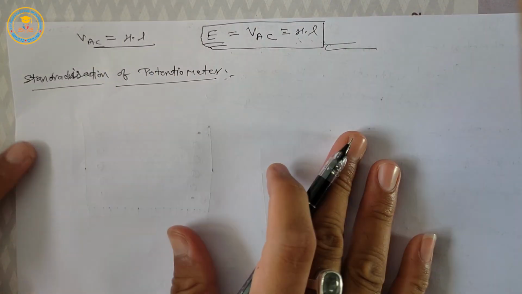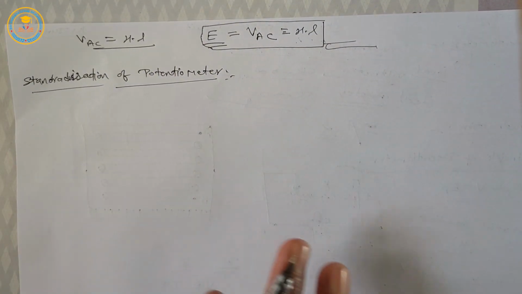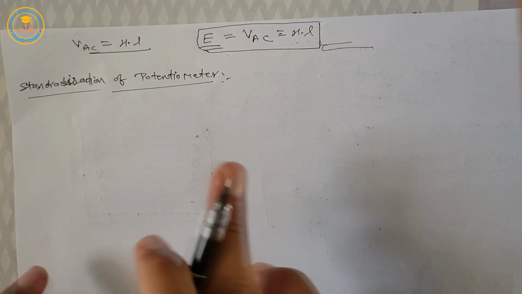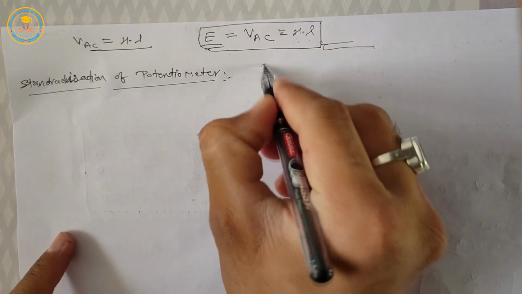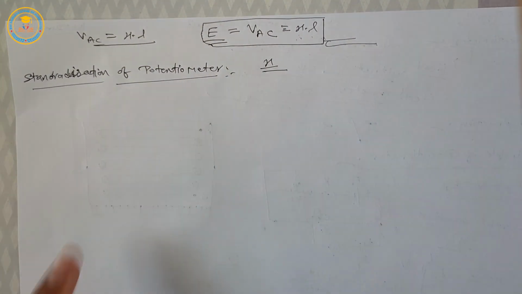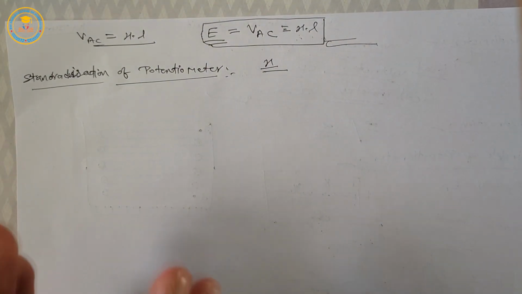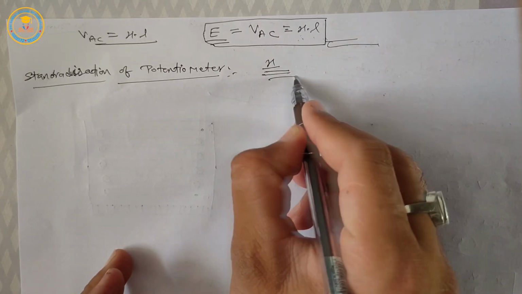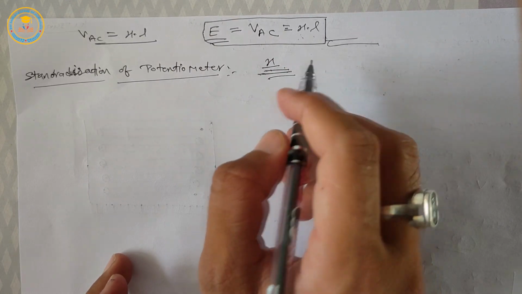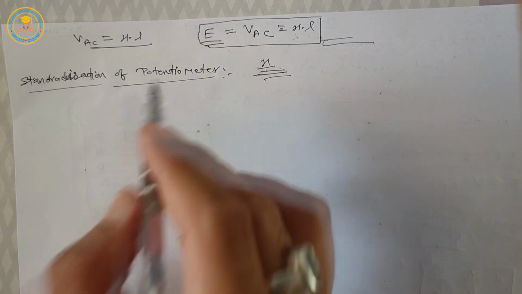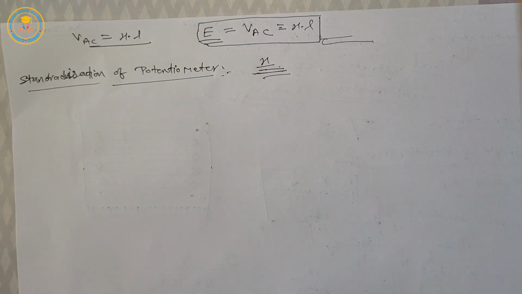Firstly, we define standardization of potentiometer. The process of finding the actual value of the potential gradient is called standardization of a potentiometer.